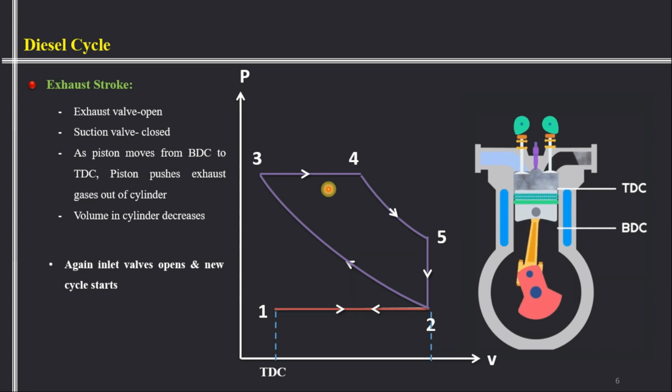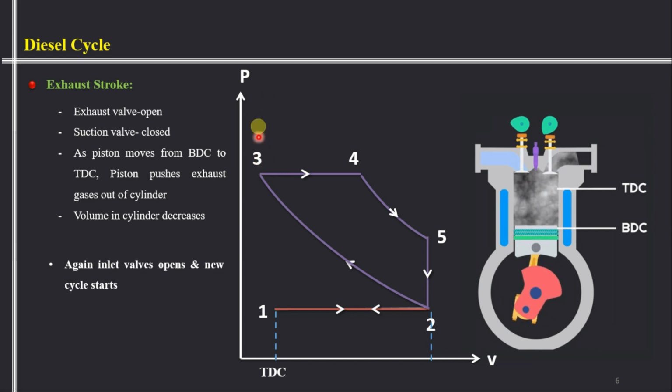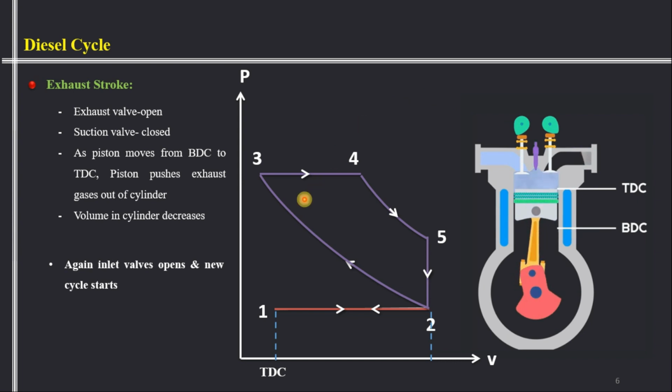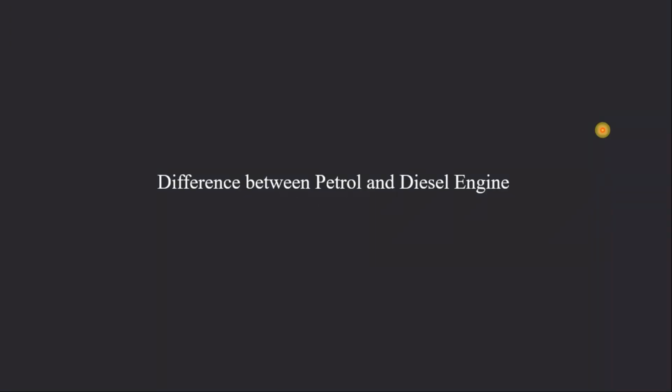In the petrol engine or petrol cycle, we were supplying the fuel at constant volume. So we said that process is constant volume. In this cycle, we are supplying it at constant pressure. So this cycle will be known as the constant pressure cycle. That was about the diesel cycle, or how a 4-stroke diesel engine works.